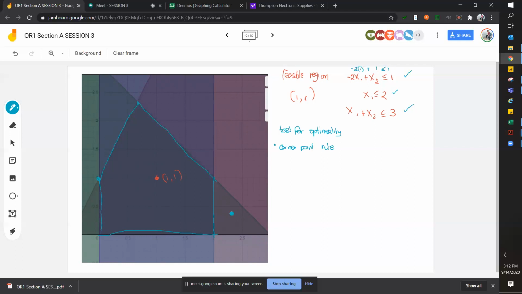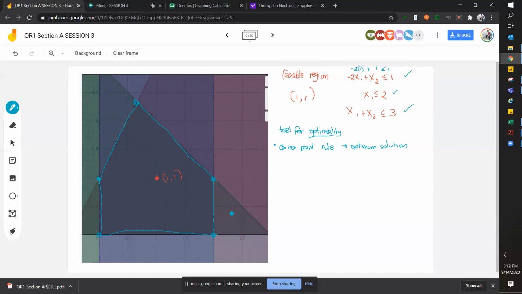Ito. Itong corner na yun. Itong corner na yun. And then itong corner na yun. Kasi alin man daw dyan sa mga corners na yun, magbibigay sa atin ng optimum solution. Parang instead of using any points dito na nasa shaded area na yan, we can just use yung mga corner points. Ano-ano yung mga corner points na yun?